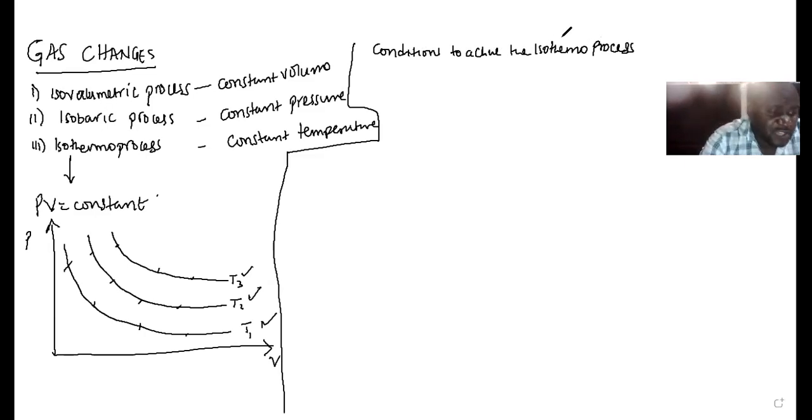If one wants to achieve the isothermal process, first, the gas should be held in a thin-walled, highly conductive vessel.